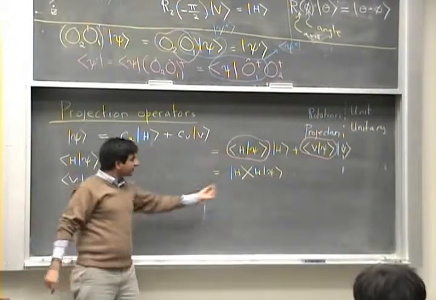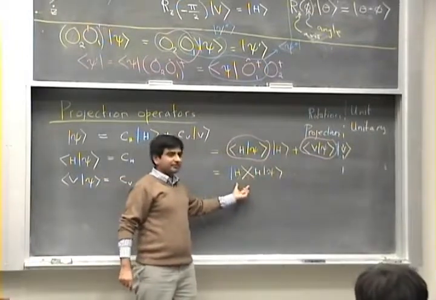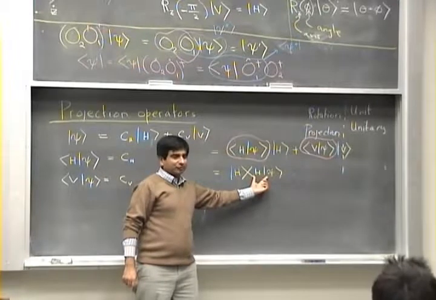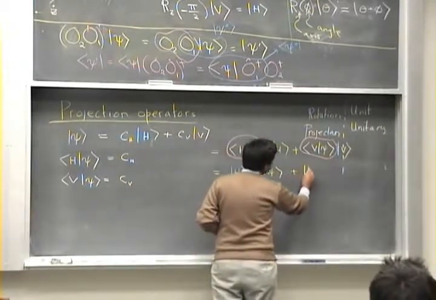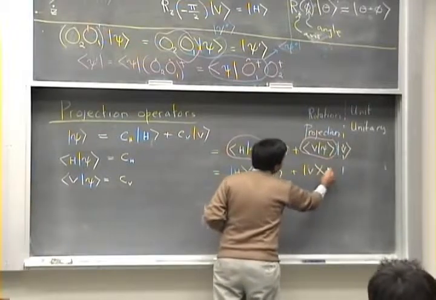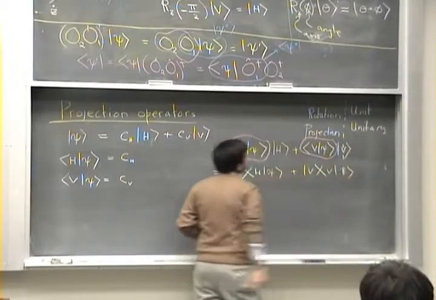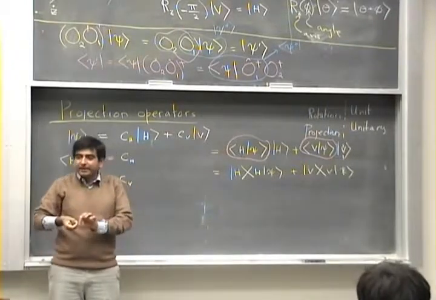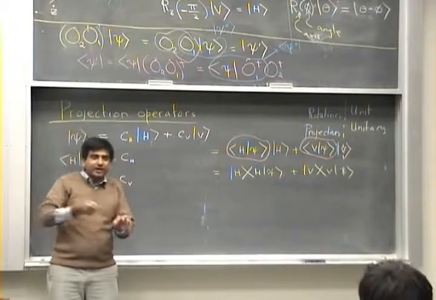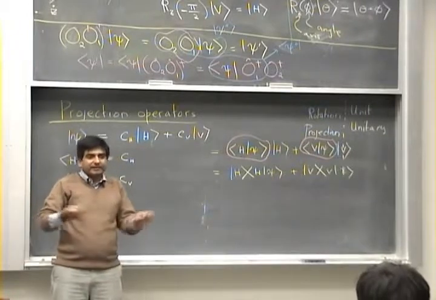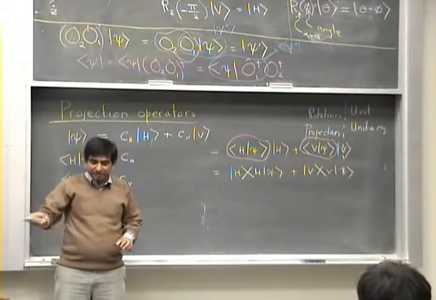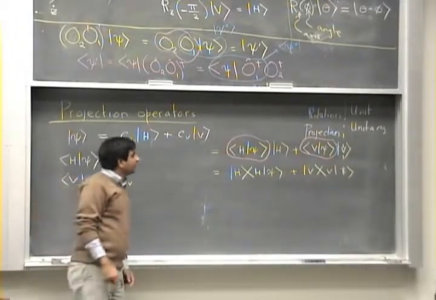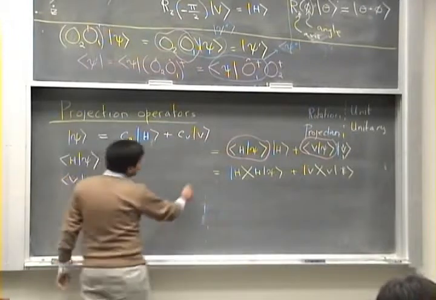Likewise, first I write the ket followed by the inner product. I've just changed the ordering, because if I have a number, I can place it before or after the vector. It doesn't really matter. Now look at this. All of this has to be equal to psi.